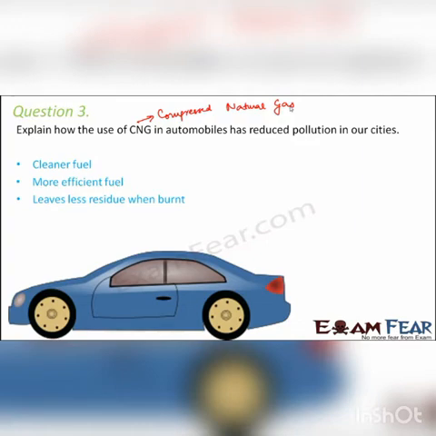So when you completely burn the fuel, if a lot of residue is left behind, that residue is again going to cause trouble to the environment. Right? That also proves that the fuel was not efficient enough. Most of it remained there as residue. So obviously, only a small part of the fuel was actually able to produce energy.